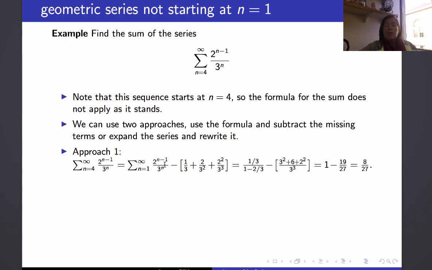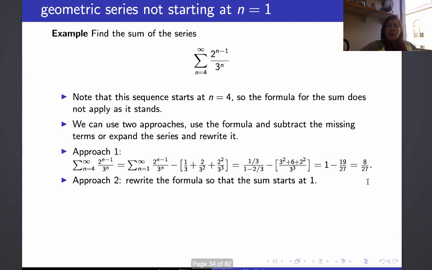And in this case we see that the a is 1 over 3 and the r is 2 over 3, so the sum of the full series from 1 to infinity is 1 over 3 over 1 minus 2 over 3, and then we subtract the sum of the three missing terms, a1, a2, and a3, and we get 1 minus 19 over 27, or 8 over 27.